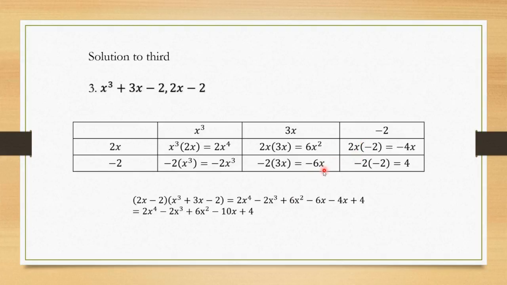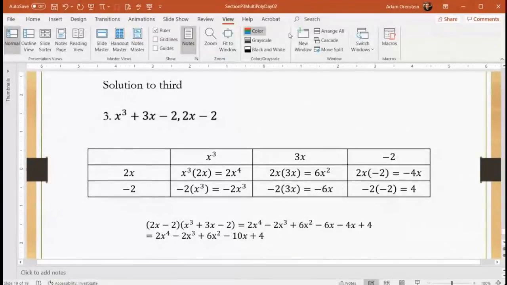From there, we get this product. You add them up, combine like terms, and we're good. It looks like I did not make a mistake. So that's basically multiplication, all I wanted to do with multiplying polynomials together. Hopefully it wasn't too bad for anyone.